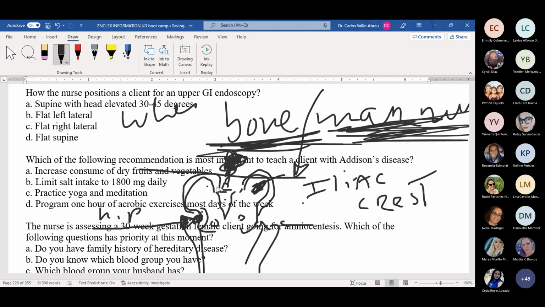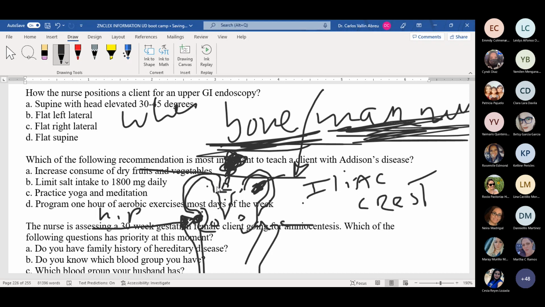We need to use the anatomic terms. Maybe the lay term for this area is the hips, but this is the bone that you can touch at each side, at the level of your waist.